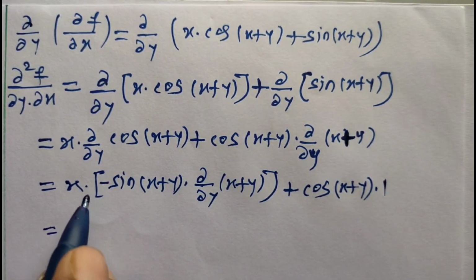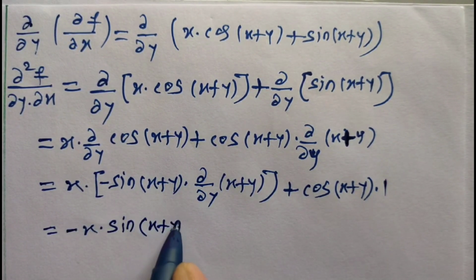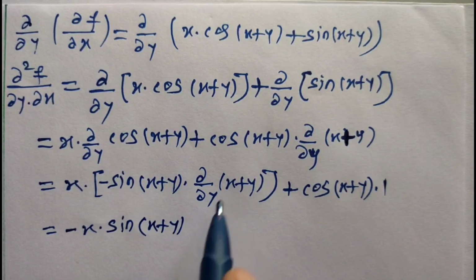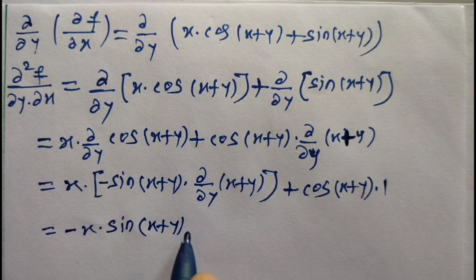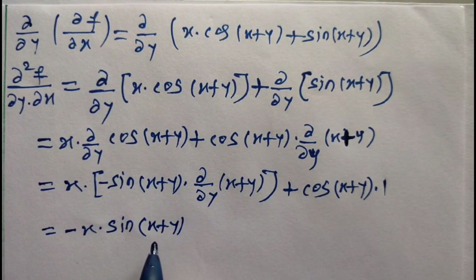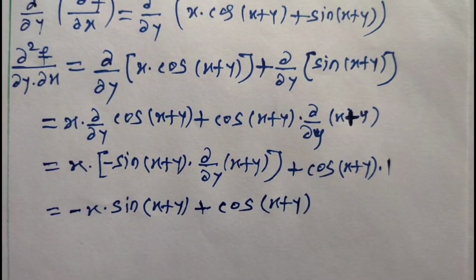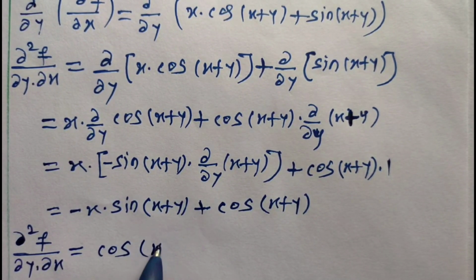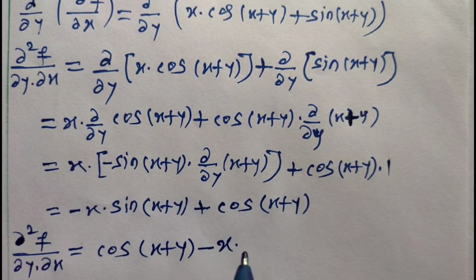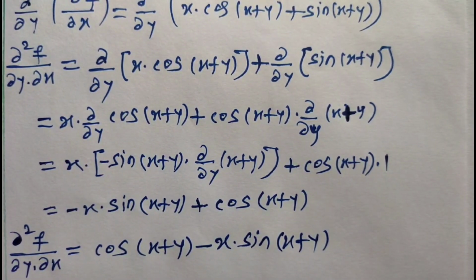This can be written as minus x into sine of x plus y, and derivative of x with respect to y will be 0 and derivative of y with respect to y will be 1. So minus x into sine of x plus y plus cos of x plus y, or we can write this result dou 2f by dou y dou x is equal to cos of x plus y minus x into sine of x plus y, and consider this result as result number 4.